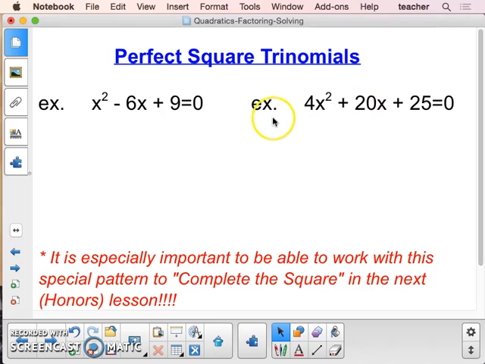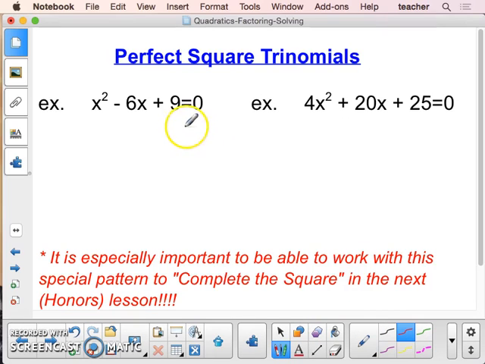Let's take a look at how we can factor these quickly and easily just by looking at the pattern. So when you look at these, of course, you can always do the box or pants or guessing and checking. But what happens when you do this is -3 times -3 is +9, and -3 plus -3 is -6.